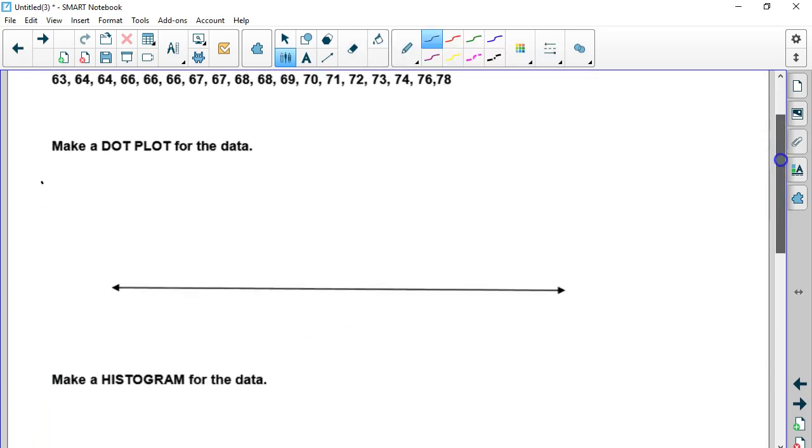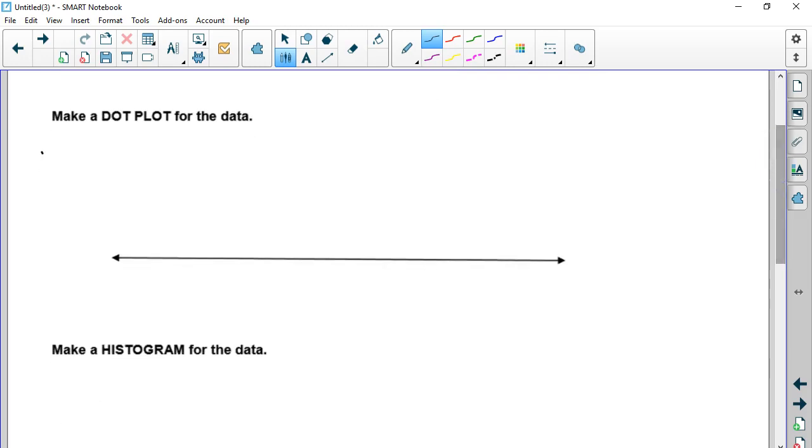Now, we don't actually need that for the line plot here, dot plot. Remember, the calculator does not do a dot plot, but we can use it for the histogram. So I'm just going to start down here, 63.